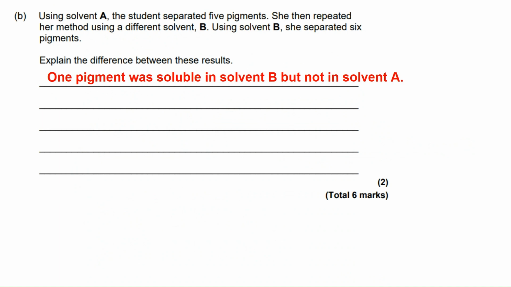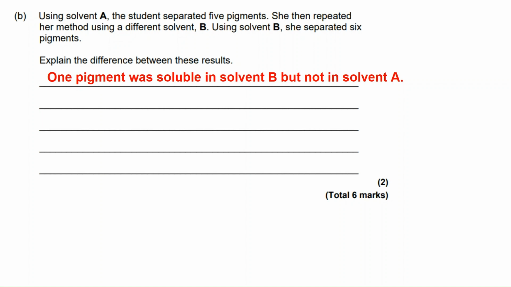One pigment was soluble in solvent B, but not in solvent A. Obviously, if something's soluble in a solvent, that would cause it to separate on the paper and go up with the solvent. So that would cause a different pigment to be separated.